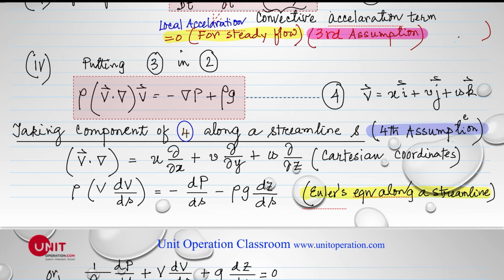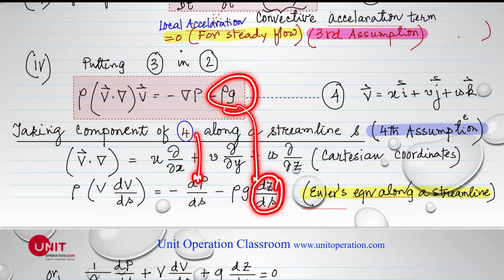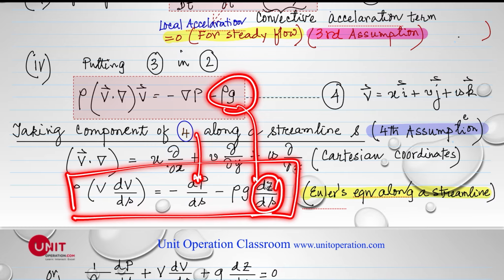So if we write this equation along a streamline, let's say there's a streamline S, then this would be rho V dV over ds, and that would be equal to negative of dP over ds, plus rho g dz over ds, right? Increment along the S streamline.